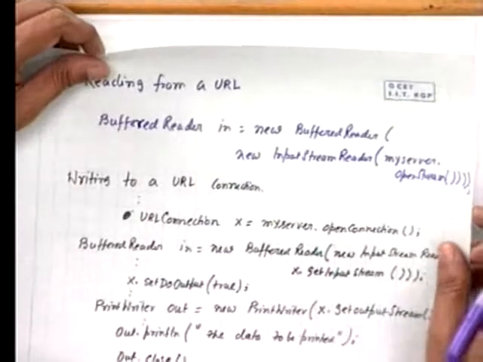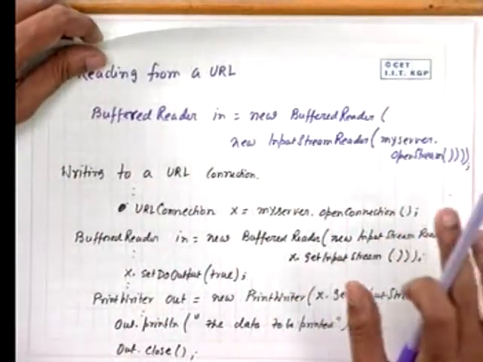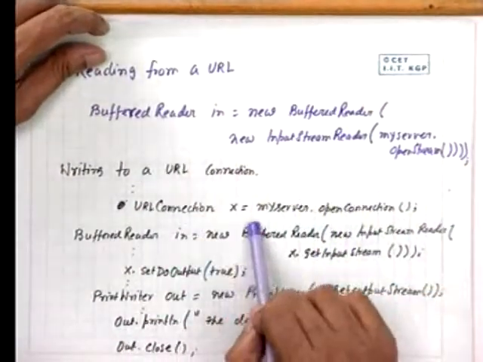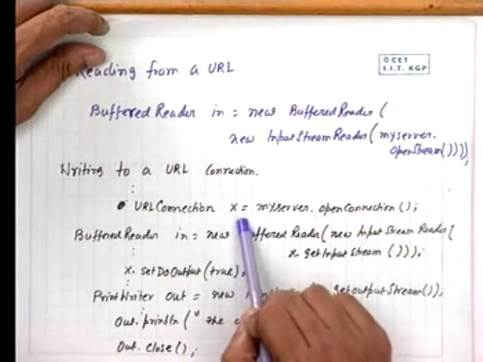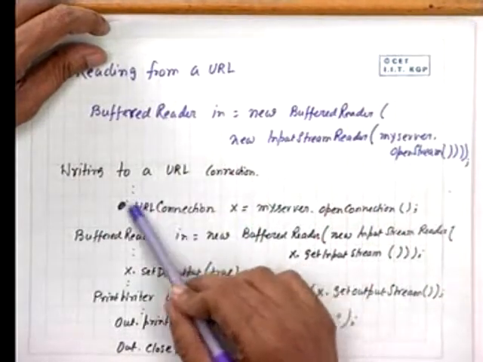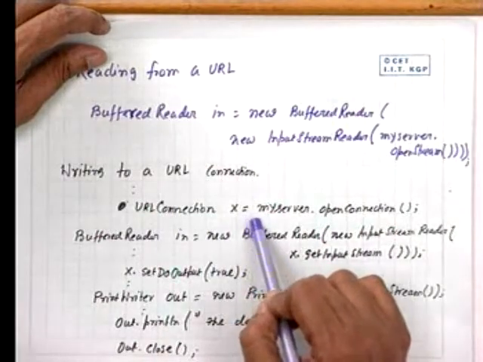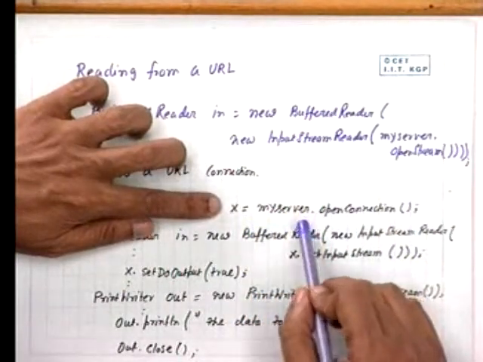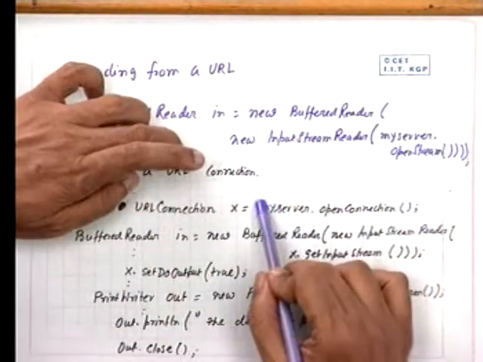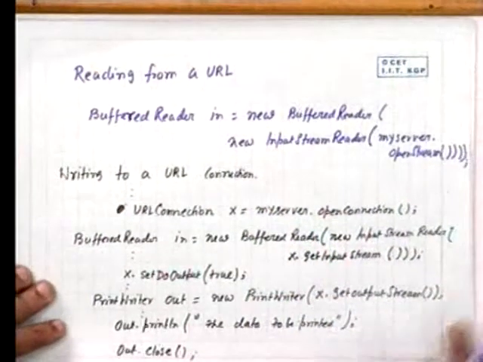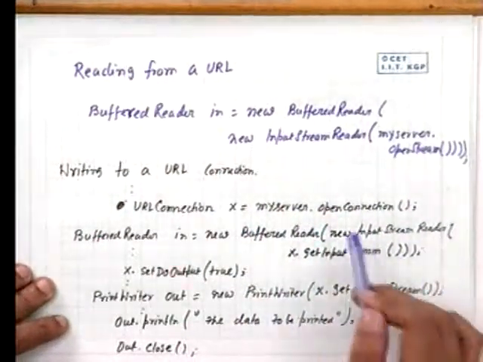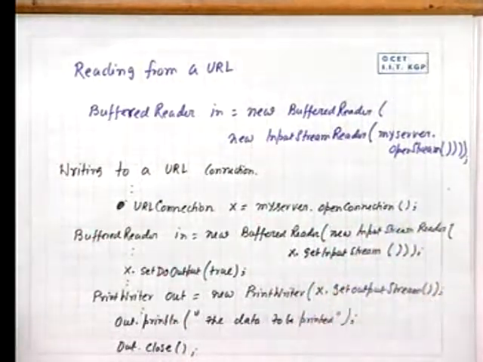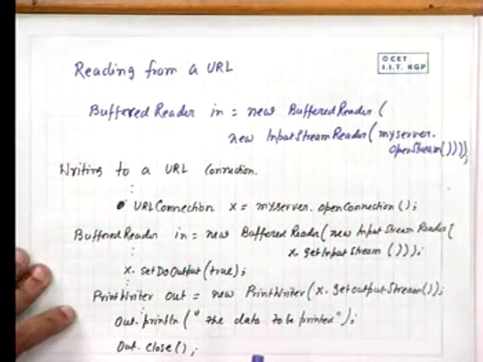Similarly, if I want to write to a URL connection, we can do it with the help of URLConnection. X is of that type, and then in this class, with this object X, first of all you open a connection. myServer, that's a URL object, has a method called openConnection, which opens a connection to the specified URL.